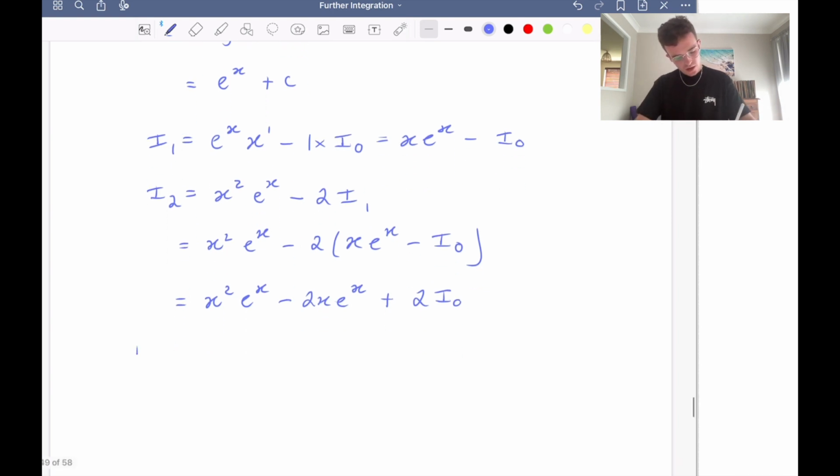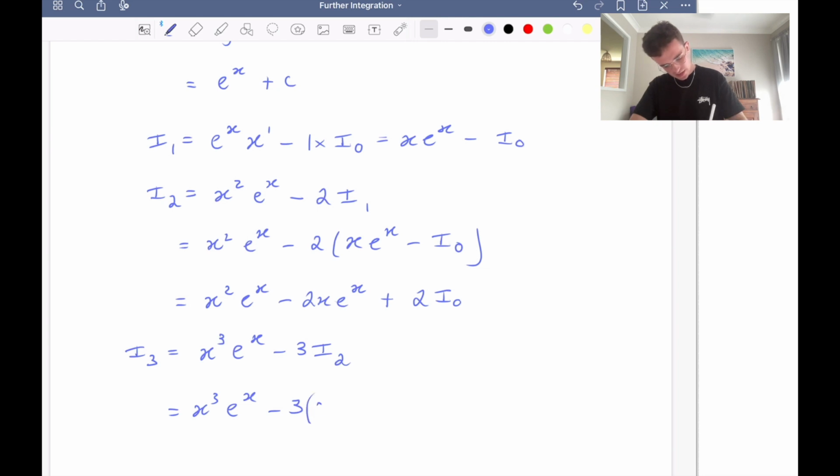Okay, now we want to get to I3, which is our goal. I3 is going to equal x cubed e to the x minus 3 lots of n minus 1, which is I2. Now I2, we've just figured out, is x squared e to the x minus 2x e to the x plus 2 lots of I0.